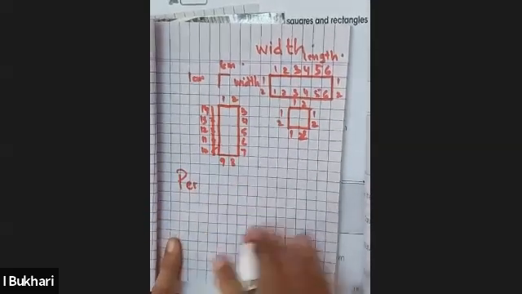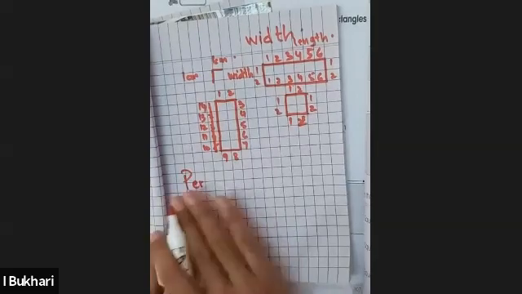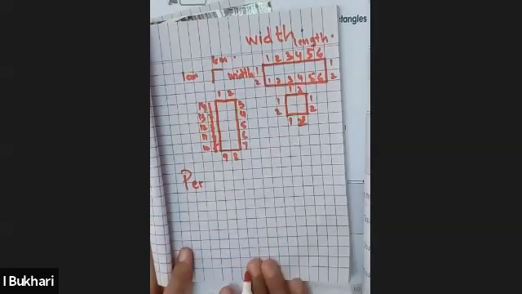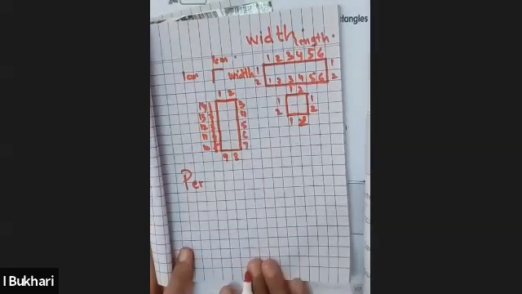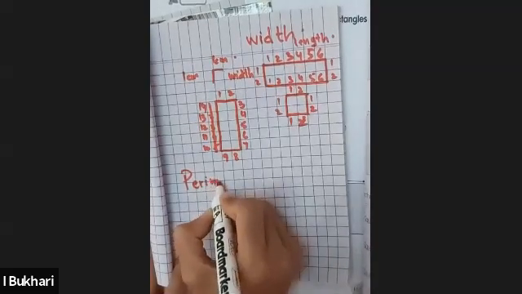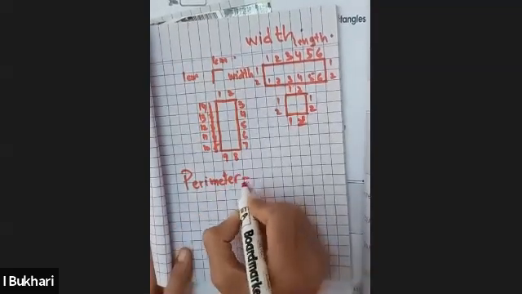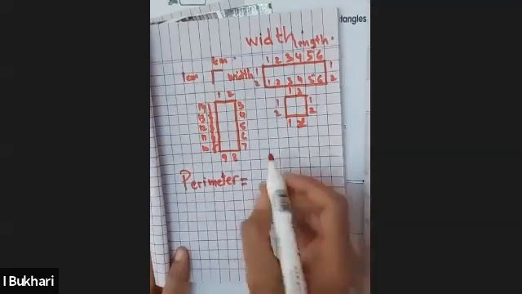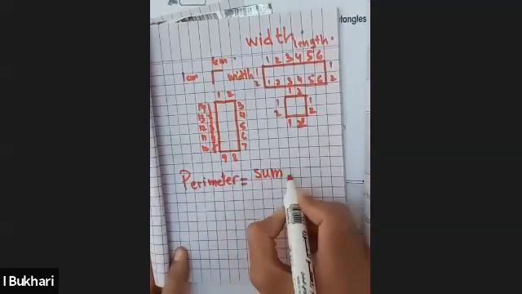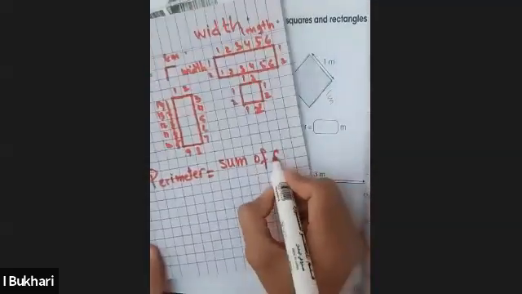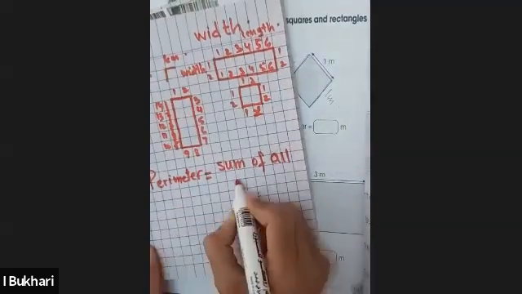Okay, 14. Now, as Harim reminded us, we need to do these questions in 3 steps. So first, I would define perimeter. Perimeter is the sum of all sides. What does sum mean, Zainab?